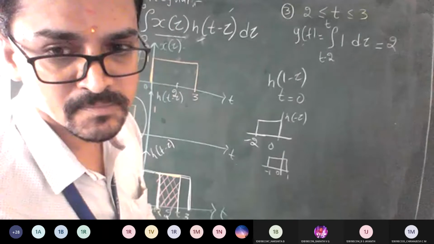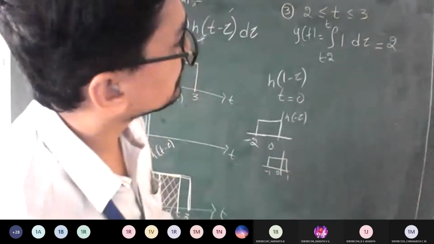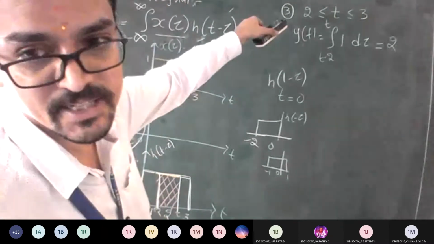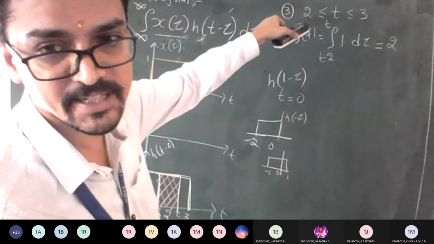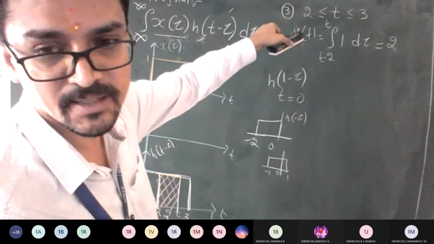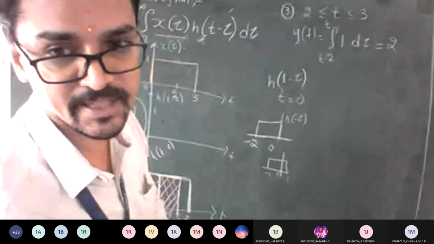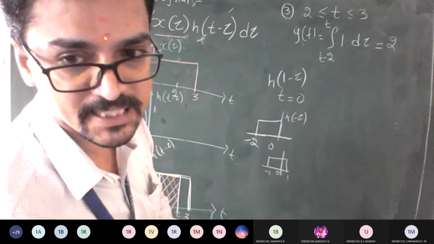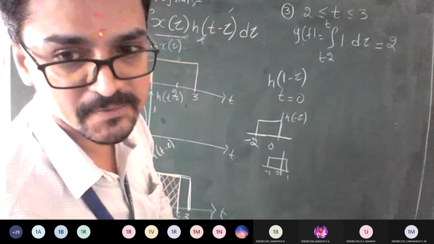Read the condition: 2 less than or equal to T less than or equal to 3. What is the value you're telling? You're telling 2.5 is what my T, correct? Yes, sir.